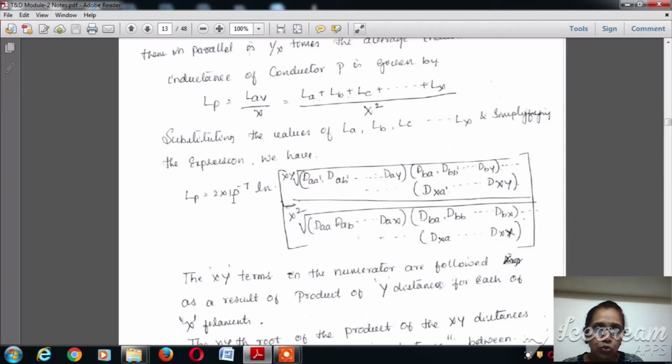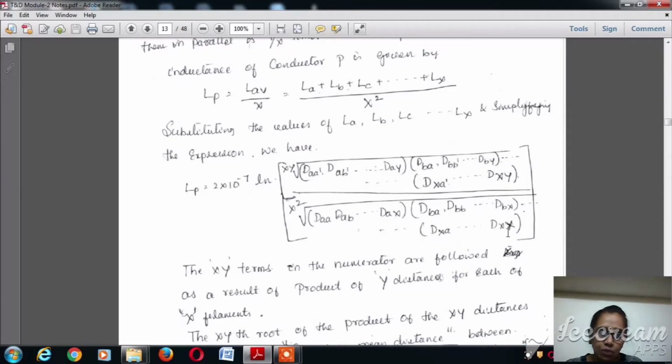LP is equal to 2 into 10 to the power of minus 7 ln of the xyth root of DAA dash DAB dash up to DAY multiplied by DBA DBB dash up to DBY multiplied by so on for the conductors, multiplied by DXA dash up to DXY, whole divided by the x squared root of DAA DAB up to DAX multiplied by DBA DBB up to DBX multiplied by DXA up to DXX.